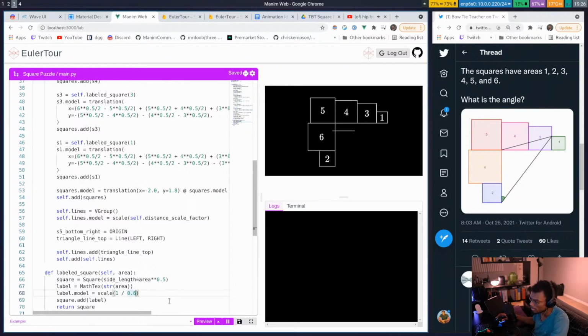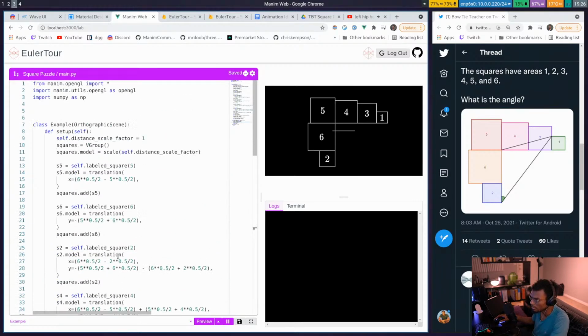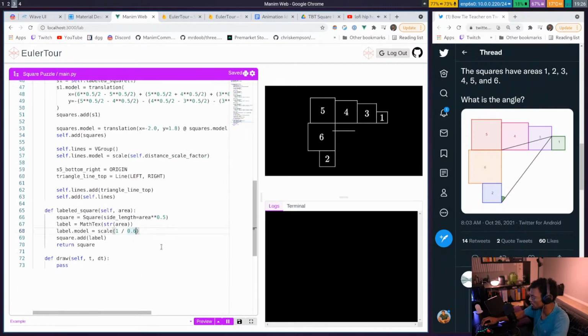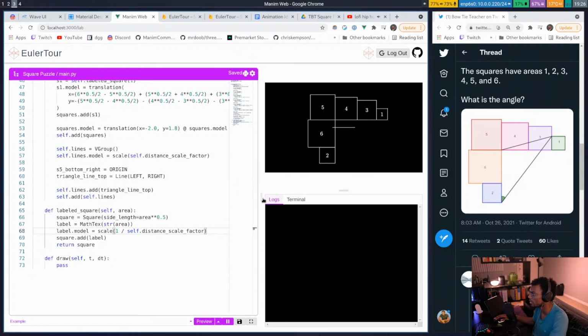Although I think this is, oh, because this isn't even using self.scale factor. This should be 1 over this, even though that's still too small. Maybe that's fine, actually. Like, this window itself is kind of small.